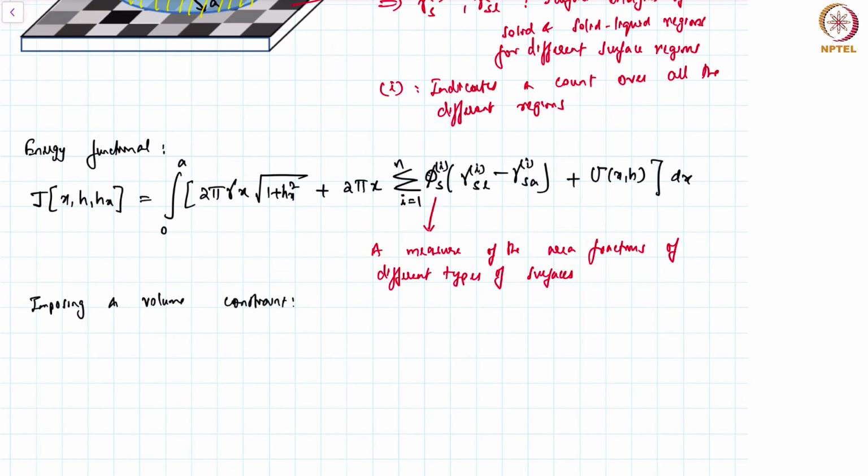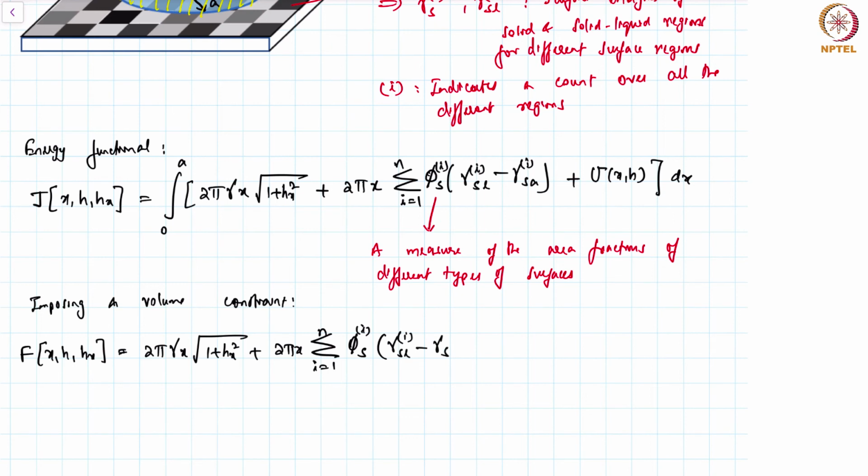I simply have J of x, h, hx essentially becomes, or rather I should say f, this quantity f essentially becomes 2 pi gamma x into square root of 1 plus hx square plus 2 pi x, summation goes from I equals 1 to n, phi s of I. For each I, there is a difference in the surface energies.